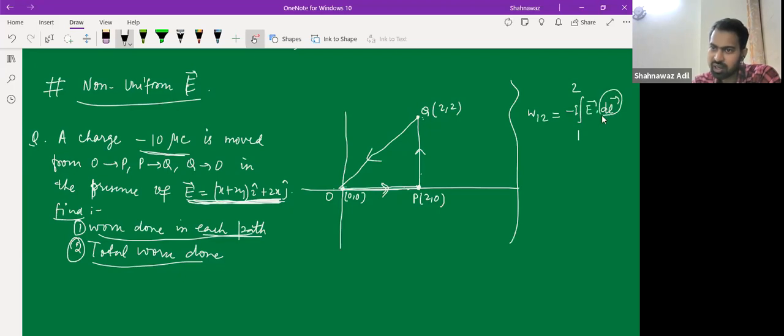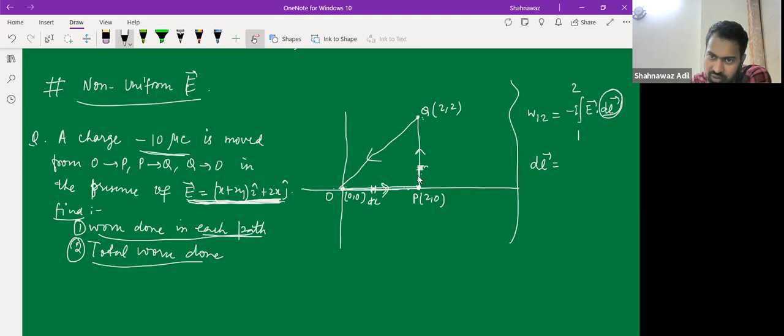This dl is the line element, right? So dl depends upon in which dimension we are moving. Let's say we are in one dimension. So this would be only this short distance dx. And if I'm moving in this dimension, this is only dy.